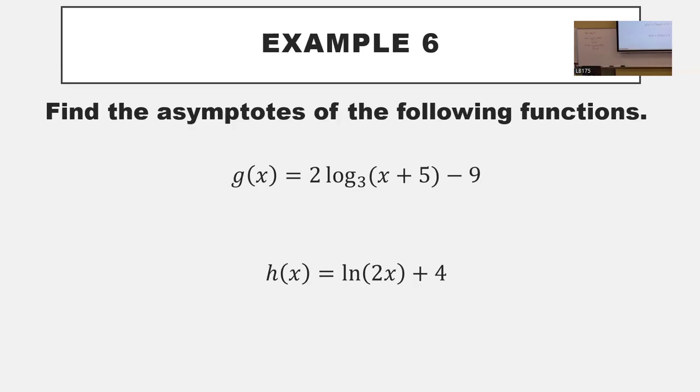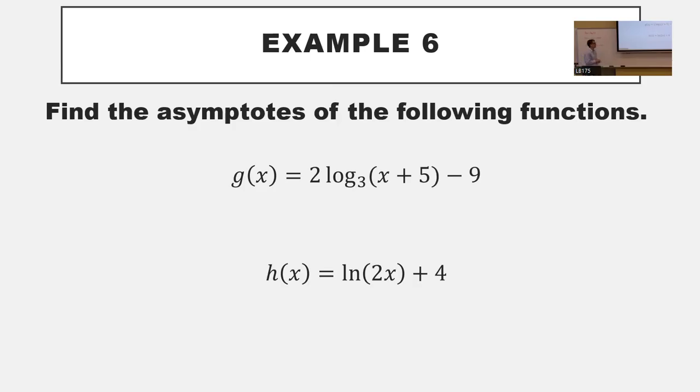You can always figure that out by just saying, what do I plug in for x to get a 0 in the argument of the logarithm? In this case, you plug in -5, you get log base 3 of 0. So there, that's where you have your vertical asymptote. So on g of x, we'd have an asymptote at x equals -5.